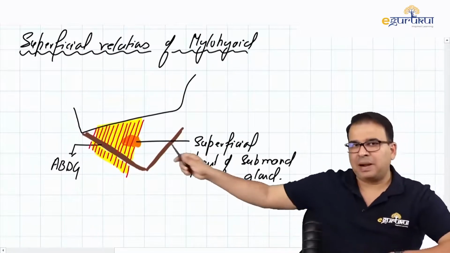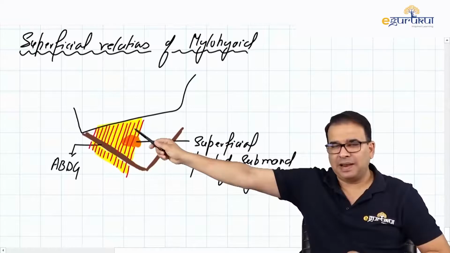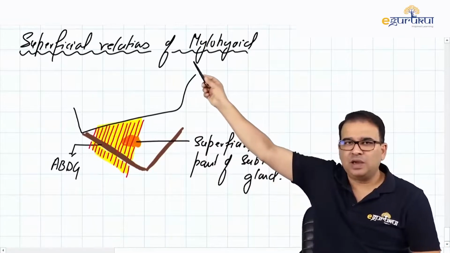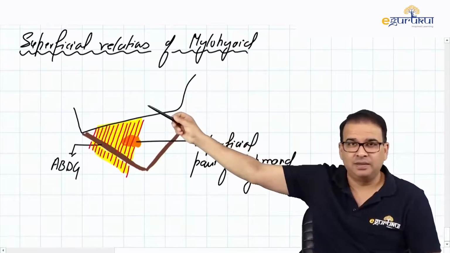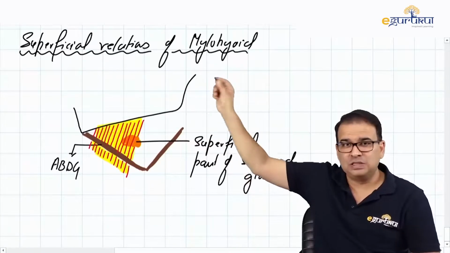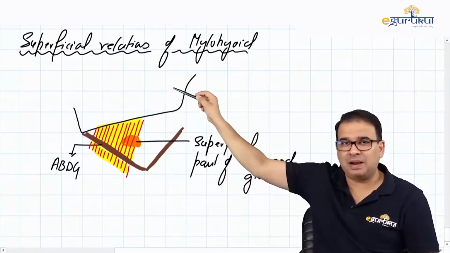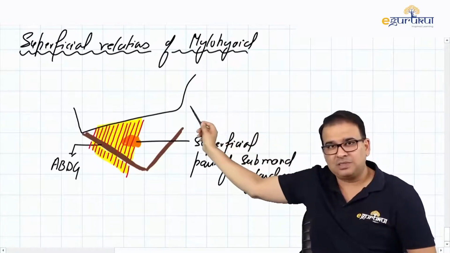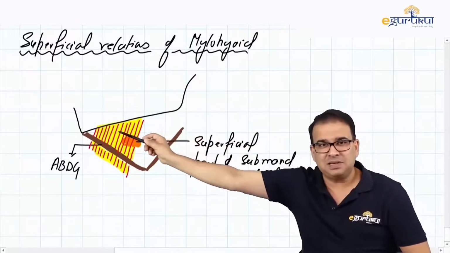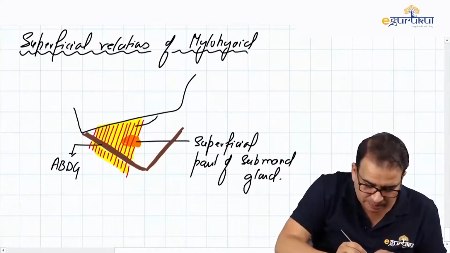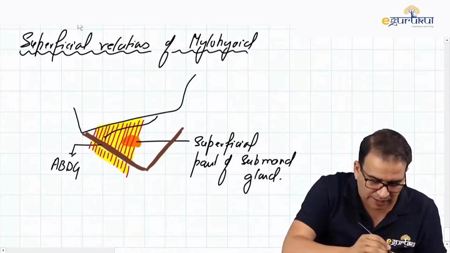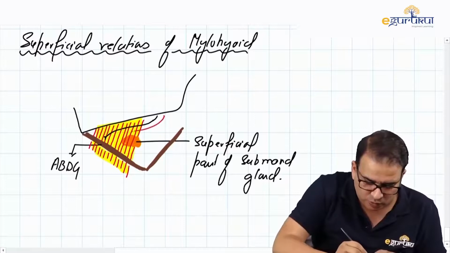Then this mylohyoid muscle is supplied by, if you remember, there was a nerve going inside the mandible called as inferior alveolar nerve and inferior alveolar artery. And we already discussed that those nerves and vessels, before they go inside in the mandible, they give off a nerve which comes down, which supplies this muscle as well as this muscle here. Nerve to mylohyoid and even vessels to mylohyoid will be coming in there.